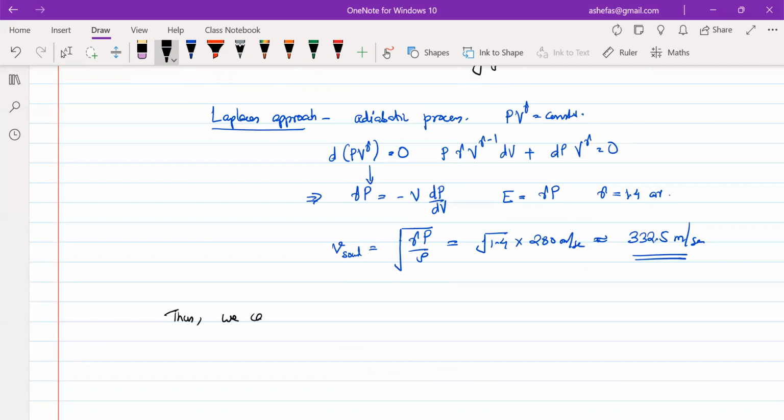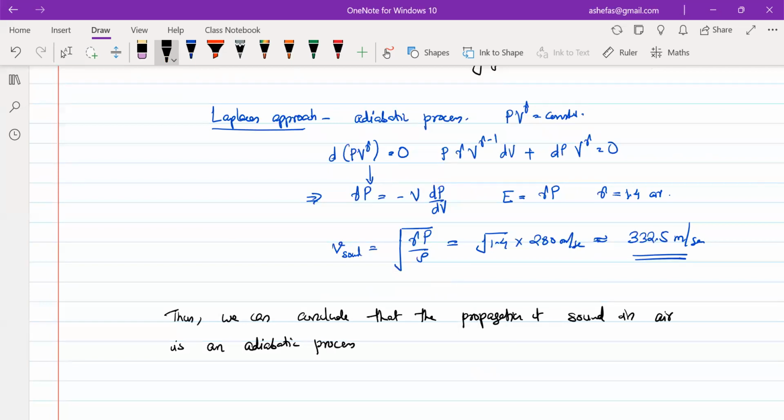Yes, we can conclude that the propagation of sound in air is an adiabatic process, and its expression is V equal to square root of gamma P by rho.